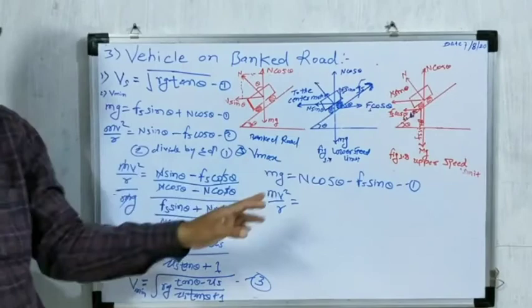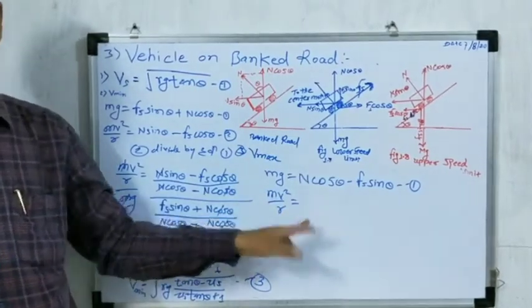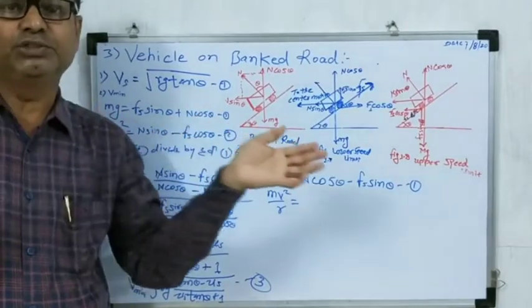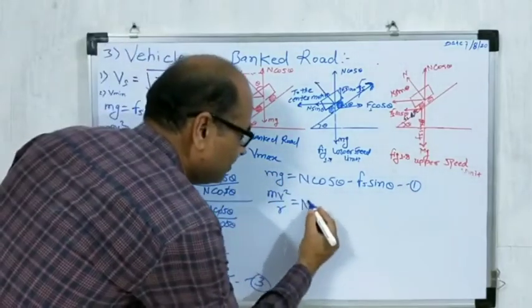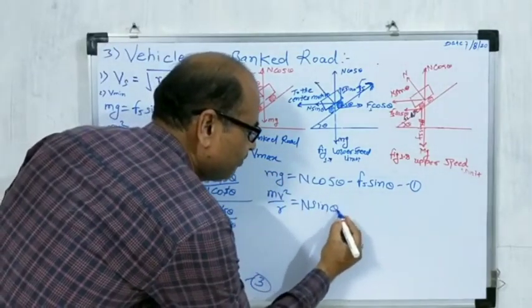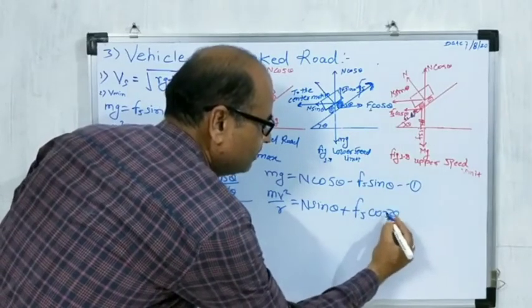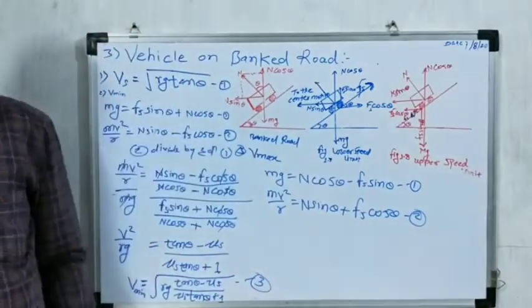Therefore, the centripetal force is mv square divided by r. The force of traction is also divided into two components, that is n sin of theta plus f s cos of theta. And equation 2 is created.